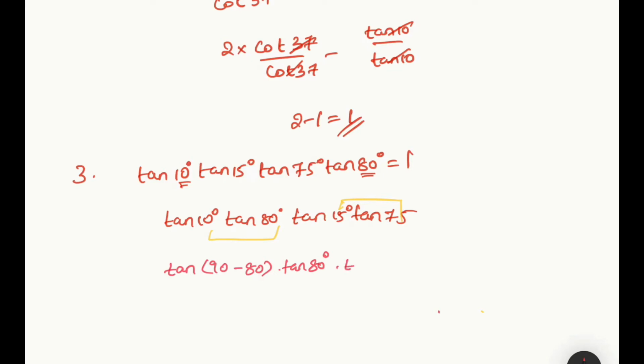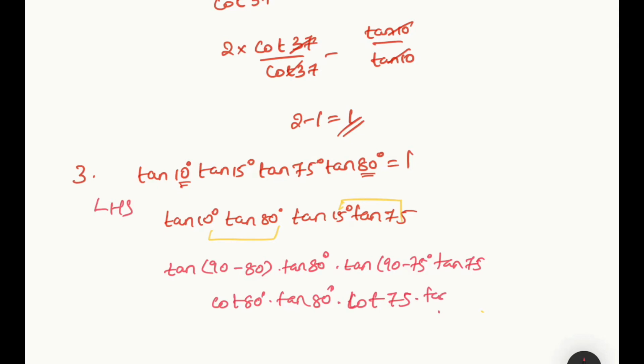Only one of them I am changing, okay? tan(90 minus 75) into tan 75. tan(90 minus 80) will be written as cot 80 into tan 80. Just taking LHS and solving, okay, into cot 75 into tan 75.